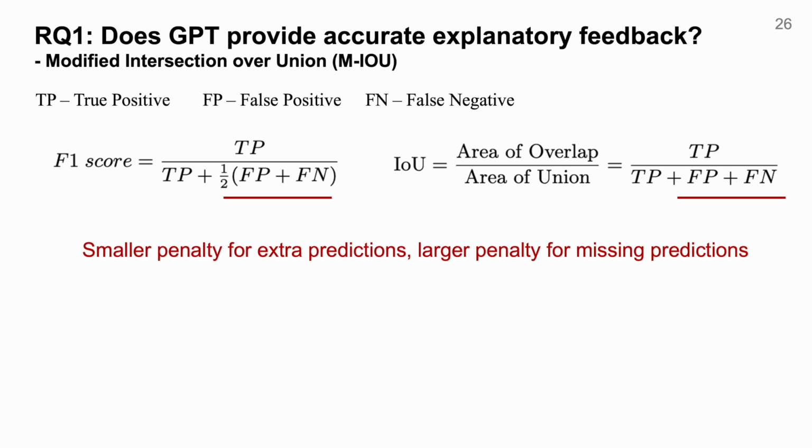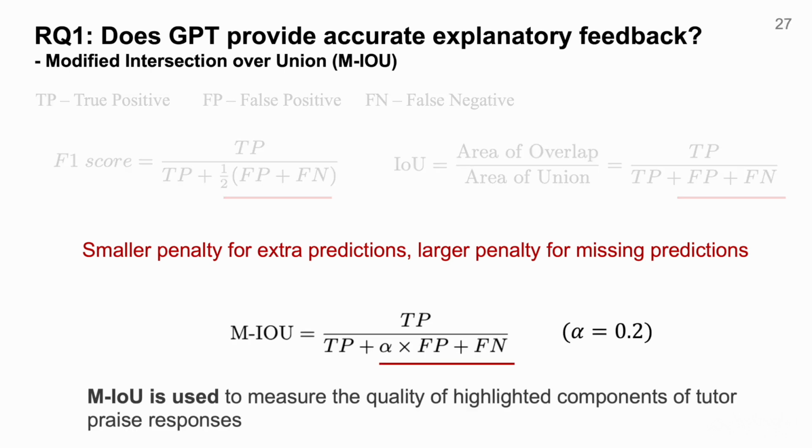Inspired by traditional measures like the F1 score and the intersection over union score, we want to give a smaller penalty for the extra predictions and a larger penalty for the missing predictions. That's why we propose the modified intersection over union, or M-IoU, score here.